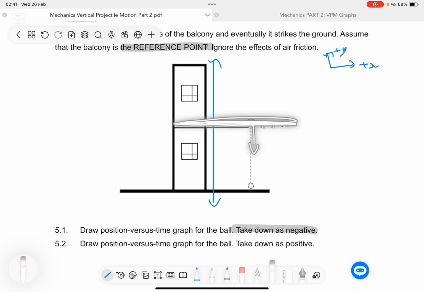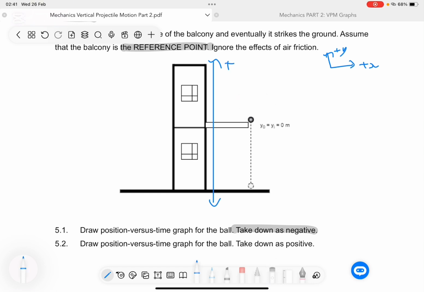Any positions that I measure in this direction will be negative because they're in the negative direction. And any positions that I measure in this direction will be positive because they're in the positive direction.